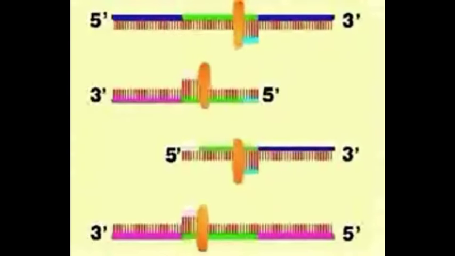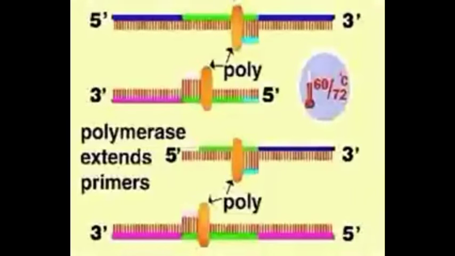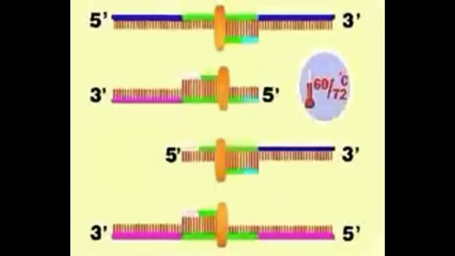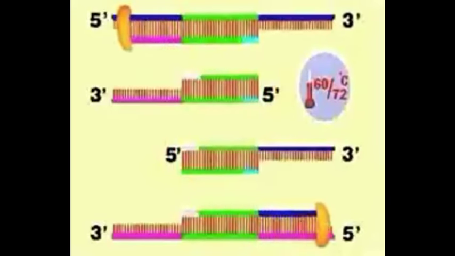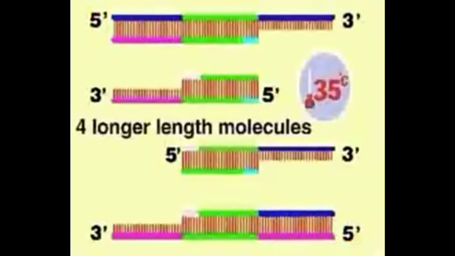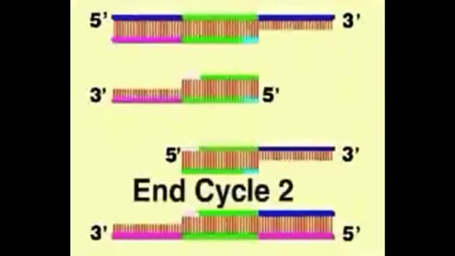The temperature can be raised to 72 degrees to speed this reaction. At the end of cycle 2, 4 partially double-stranded molecules are produced. All contain the target sequence plus some adjacent DNA.